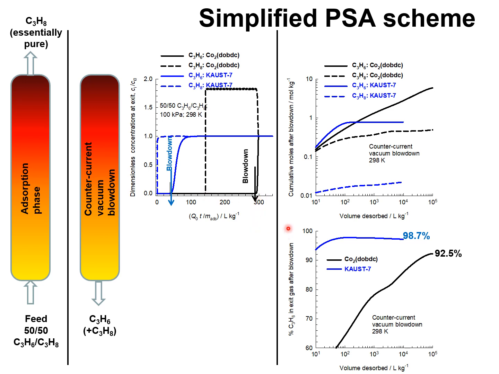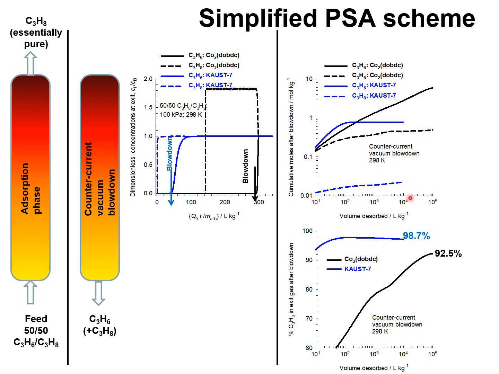In sharp contrast, with KAUST-7, the amount of propylene that is recovered is significantly lower, but so is the amount of propane that is recovered, and the propane that is recovered is about an order of magnitude lower than the propane that is recovered with cobalt MOF74.